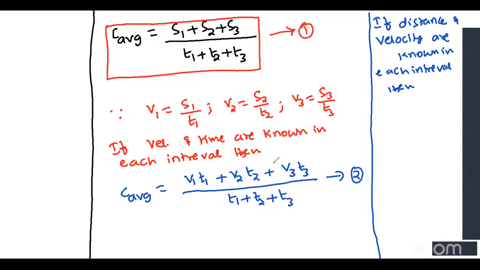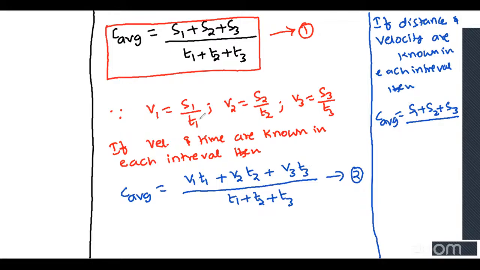T average equals S1 plus S2 plus S3 divided by time. How can I replace the time?